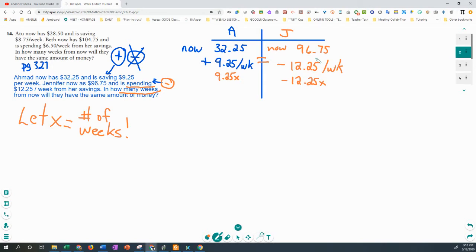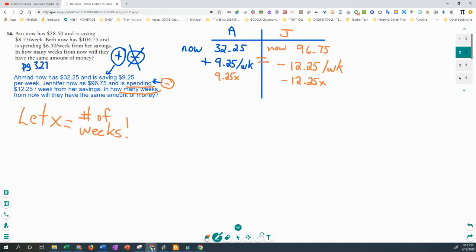About $60, $64? Okay, except they're going in opposite directions. Ahmed is saving, his money's going up. Jennifer is spending, her money's going to go down. At some point in the future, they've got to pass each other, right? Obviously, at this rate, she's going to spend herself down to zero or go into debt even. And of course, Ahmed's money's just going to grow and grow and grow.